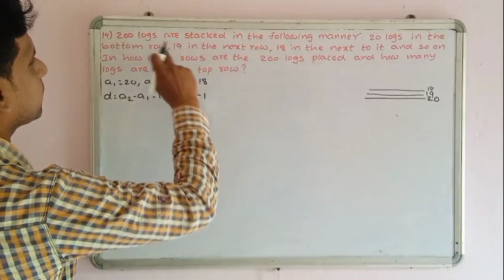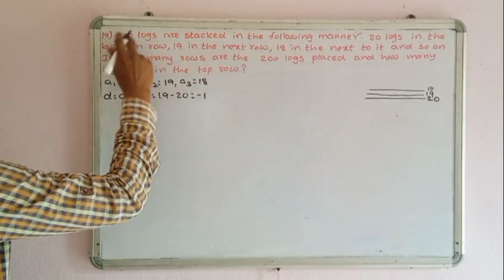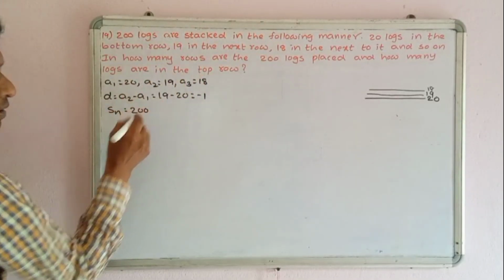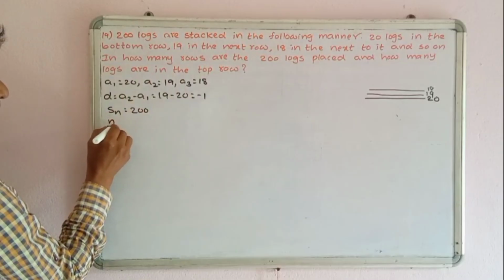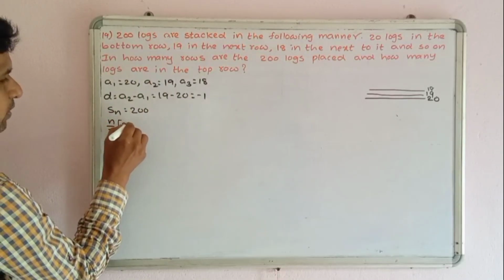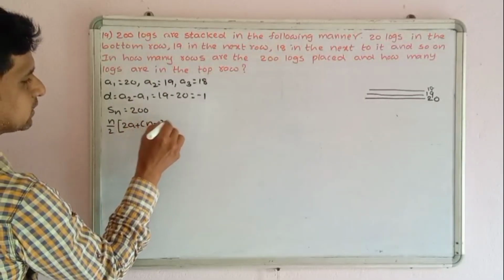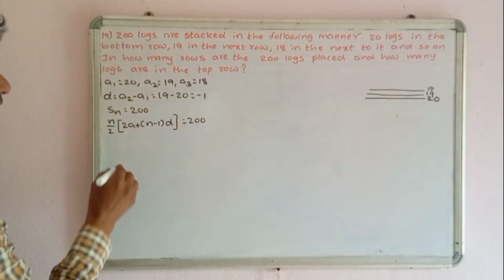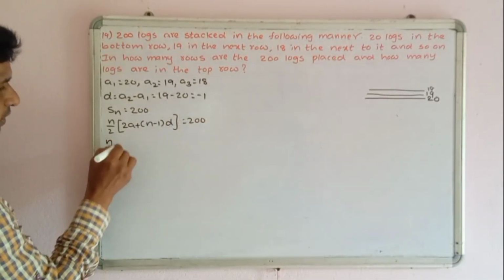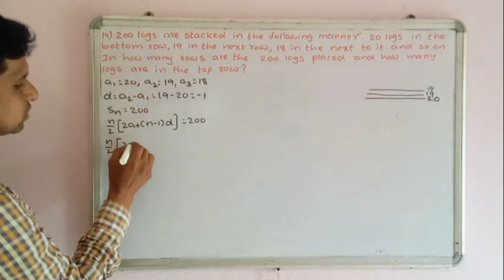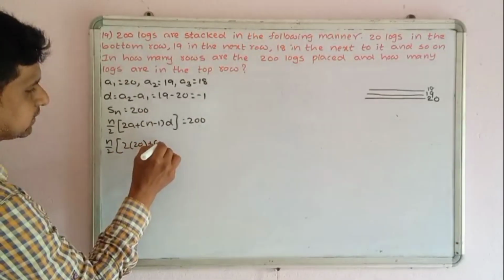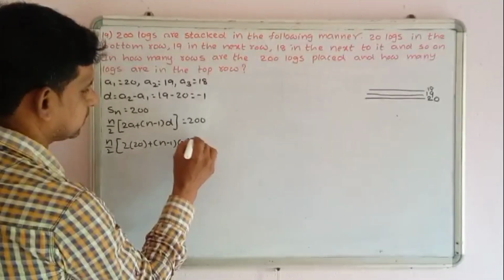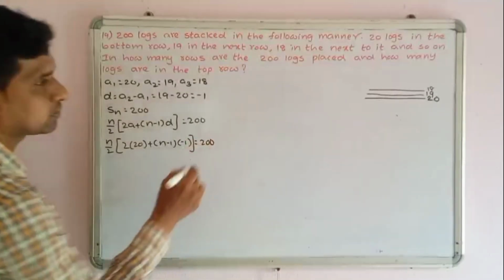Also given 200, that means 200 logs are stacked. Sn is given, that is 200. What is the Sn formula? n by 2 into 2a plus (n minus 1) into d equals 200. Here n by 2 into (2a value is 20, so 40) plus (n minus 1), d value is minus 1, equals 200.